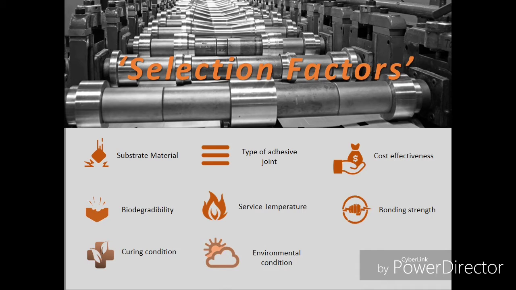This is the selection factors that we need to consider before we choose the type of adhesive bonding. First, we need to know the substrate material, the biodegradability, the curing condition, the type of adhesive joint, the service temperature, the environmental condition, cost effectiveness, and also the bonding strength of the adhesive bonding.